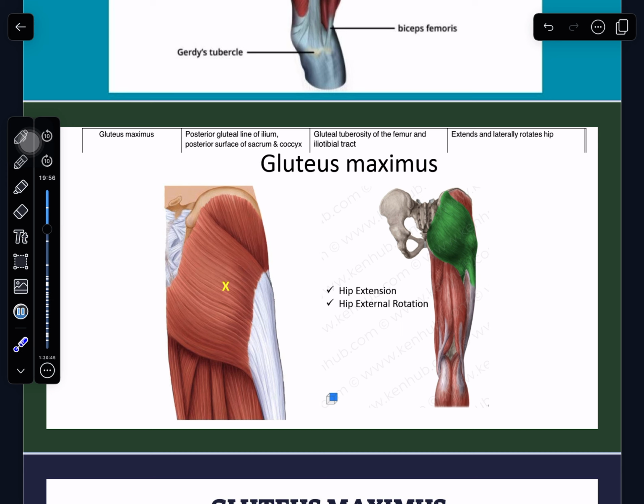So the glute max, by virtue of its posterior location, is going to make that a powerful hip extensor muscle. So it's going to do what we saw before. It's going to kick that leg backwards, bring the leg back behind the body, increasing that angle. Because of the posterior location, the rear, they call it the rear end for a reason, it's probably going to qualify it as a powerful hip extensor.